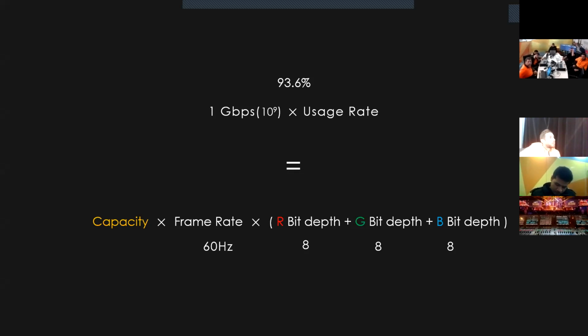So the one port bandwidth equals the capacity by the frame rate by the R bit depth plus the G bit depth plus the B bit depth. So we do the math here. It's around 0.65 million pixels.